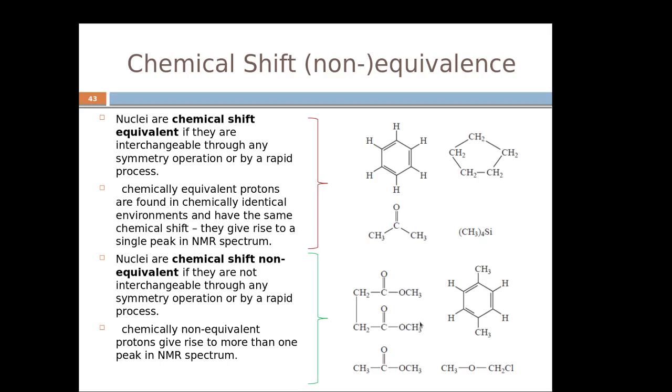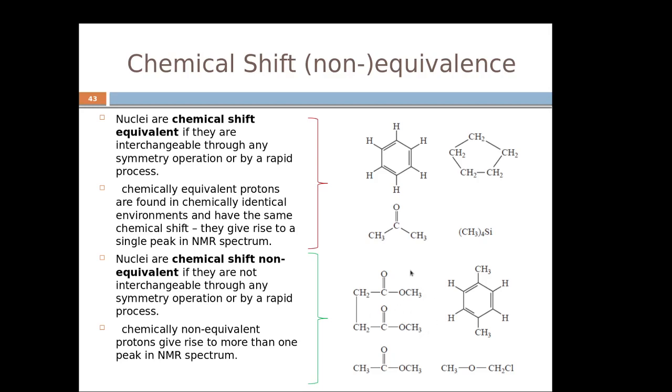Okay, and now if you consider this molecule here, if you bisect the molecule through this bond using a reflection plane, then you can see these CH2 groups, these methylene groups, are chemically equivalent. These 2 protons can be exchanged, and these 2 CH3 groups can also be exchanged.